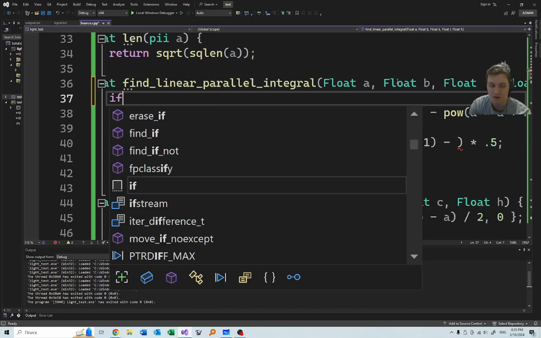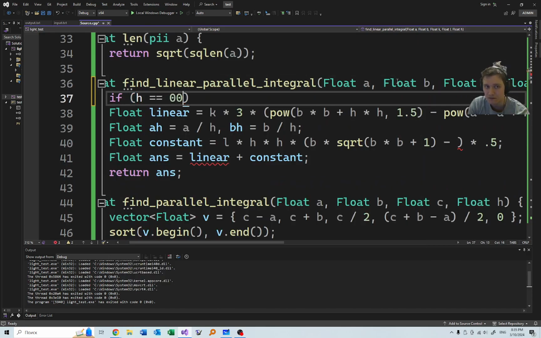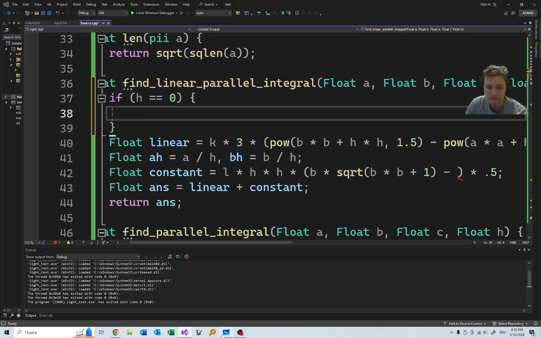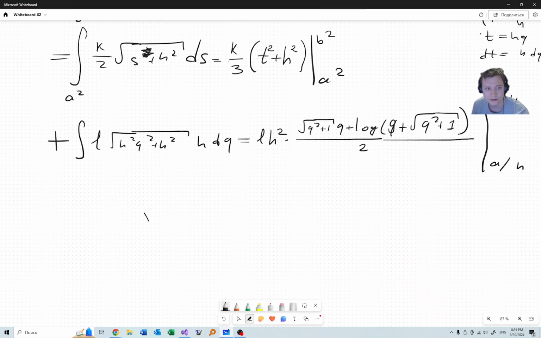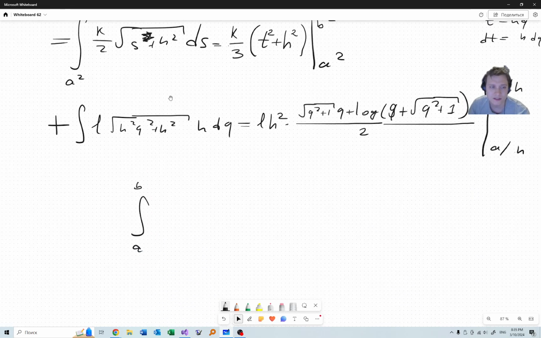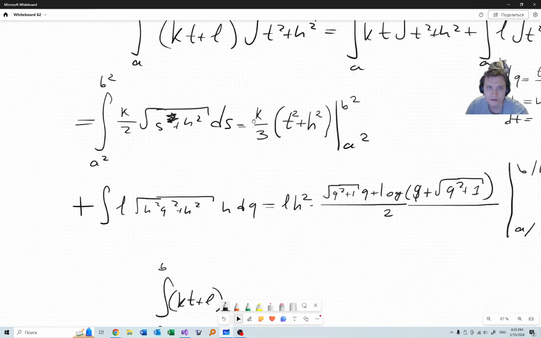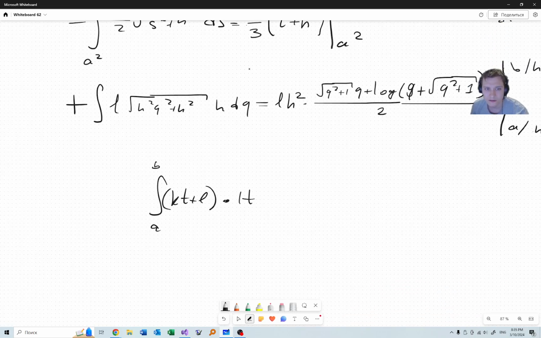So we have one more case if h is 0. If h is 0, then this is integral from a to b, kt plus l times absolute value of t. So we need to check.